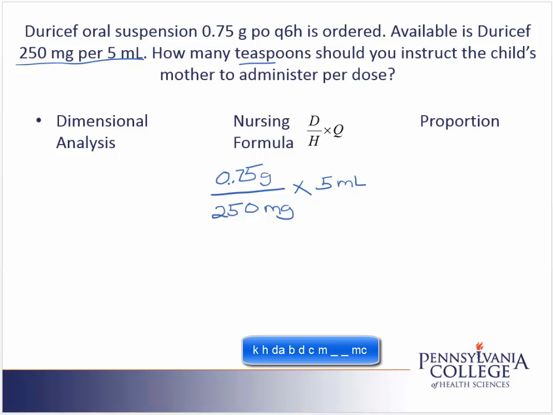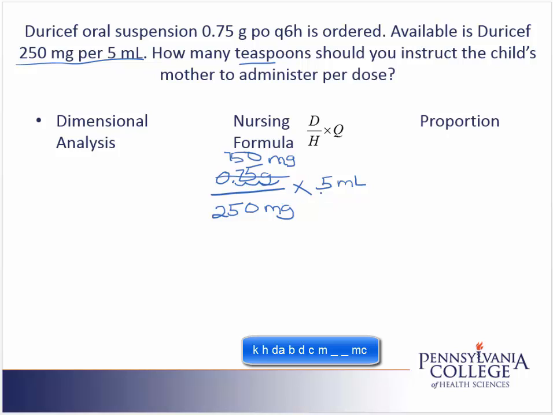To move to milligrams, I'll need to move along the metric line 3 jumps. So I move my decimal 1, 2, 3 jumps. That changes the desired amount to be an equivalent 750 milligrams. Now the labels of milligrams cancel from top to bottom.